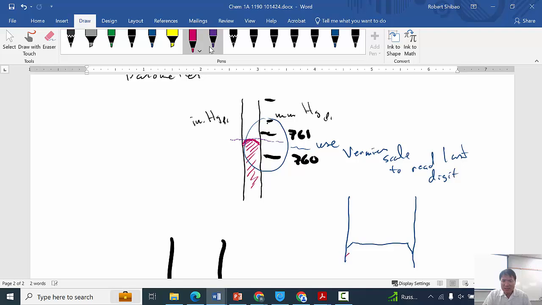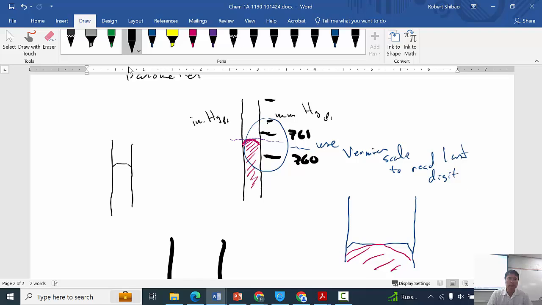So there's a metal slide located on the barometer, and there's a knob on the side of the barometer.